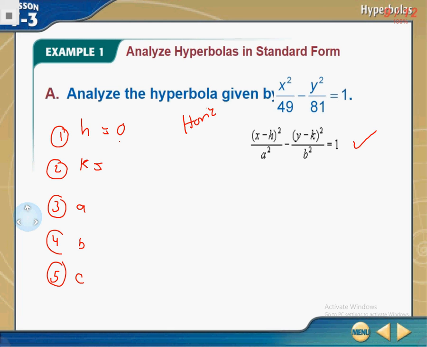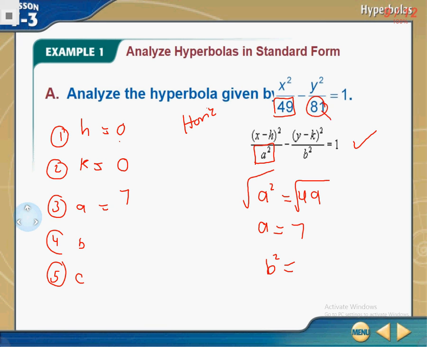Now, k equals the number with y, which again is 0. For a, a squared equals 49, which means a equals the square root of 49, so a is 7. The same idea with b. b squared equals the number down here, so it will be 81. Take the square root: b equals 9.